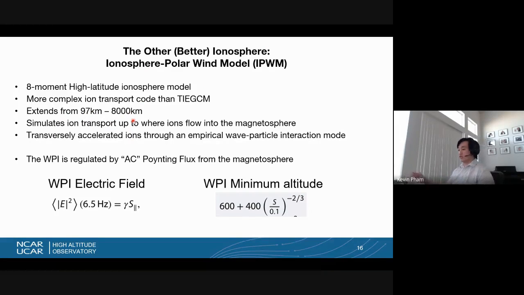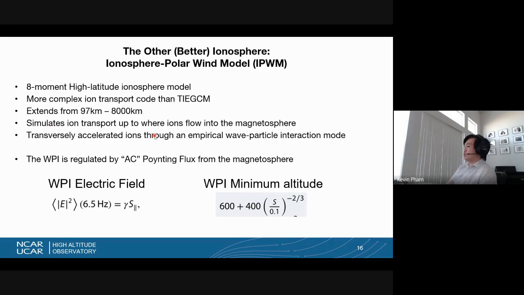So it extends much, much higher than what TIEGCM does. The inner boundary of LFM sits at about 1 RE, or about 6,400 kilometers, and that's well within the realm of IPWM.